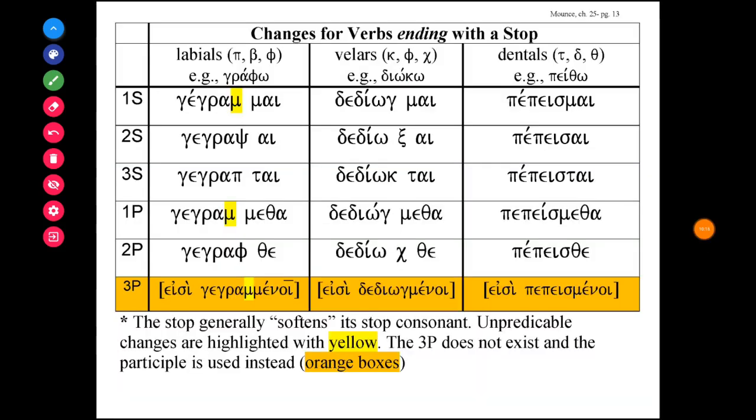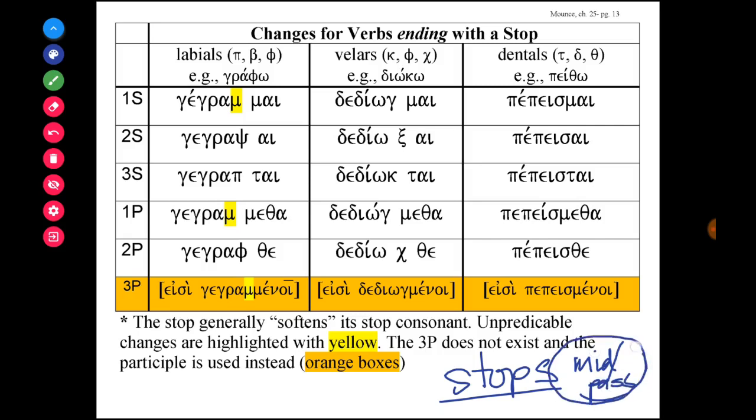And what about stops? Are there any special rules for stop verbs? The answer is yes, but these special rules only apply for the middle and passive form. So this is not something you have to worry about in the active forms.